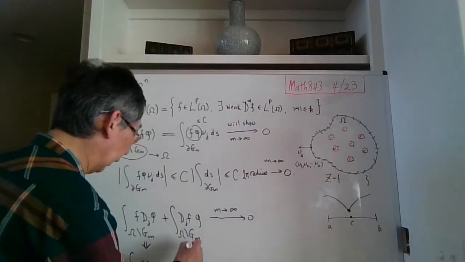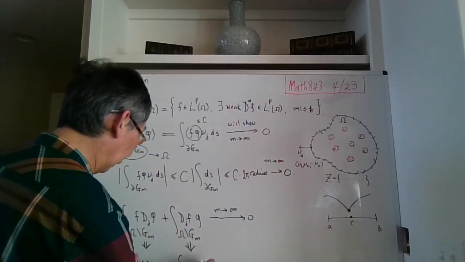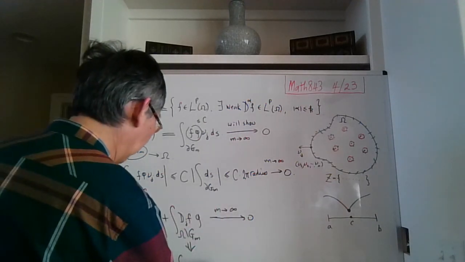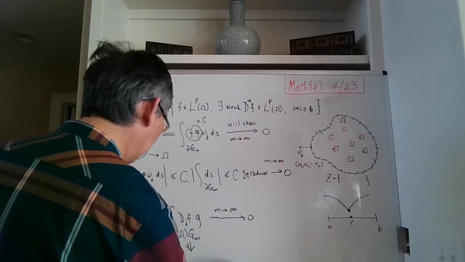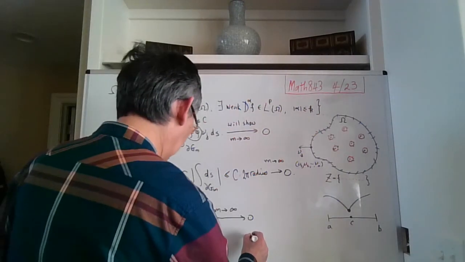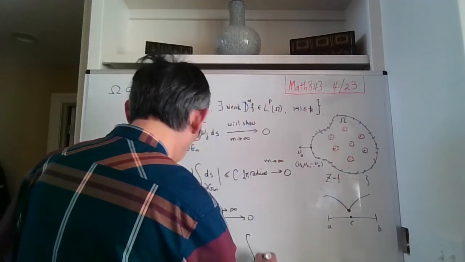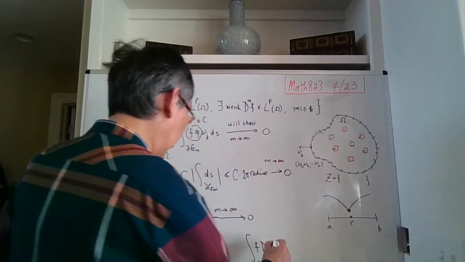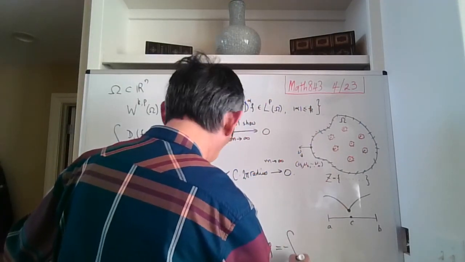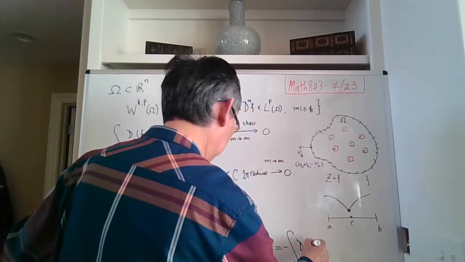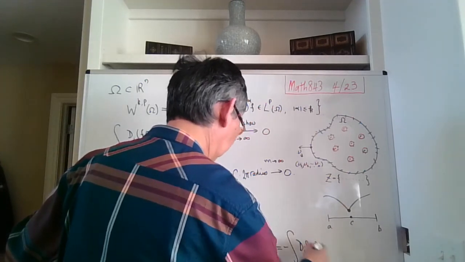So therefore you can take the limit, and finally you can get this. If you let n go to infinity, you will end up with this equal to 0. This is exactly equal to 0. And this equal to 0 means that the integration of omega f dj phi should equal minus the integration over omega of dj f phi.